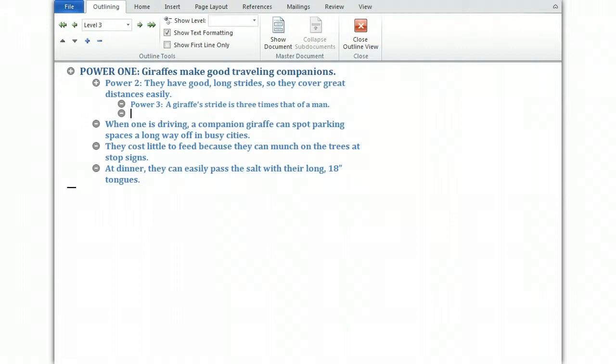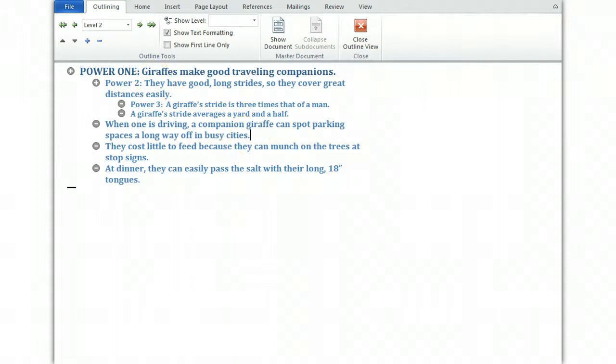You can tell by its position on the page that it's a Power 3 sentence. And I just happen to know that a giraffe's stride averages a yard and a half. That's a second Power 3 sentence under the Power 2 sentence that supports the Power 1 sentence. And we can do that again.